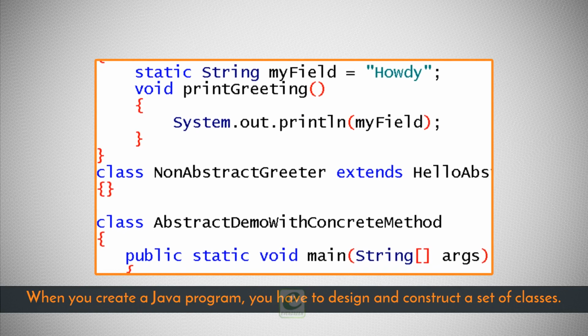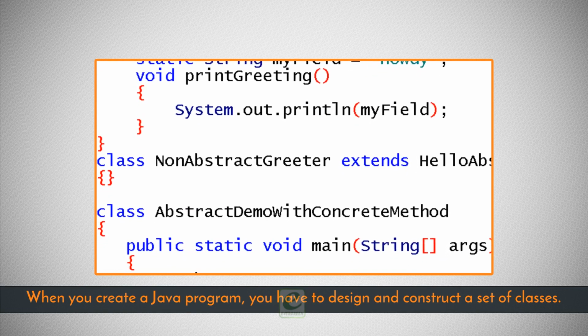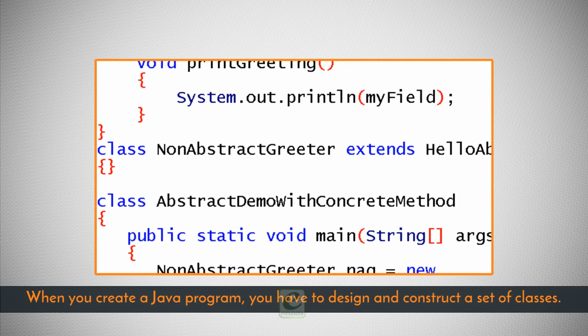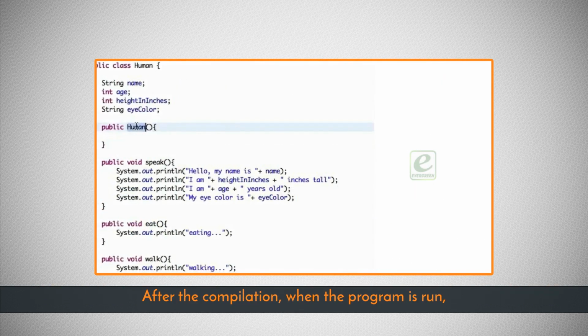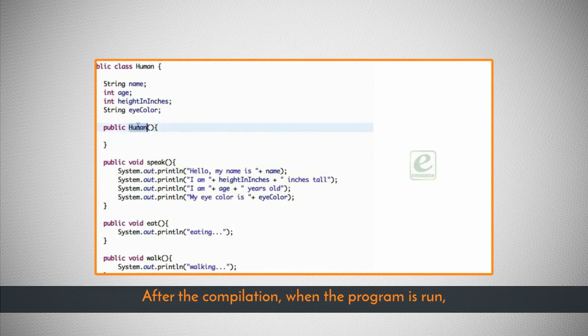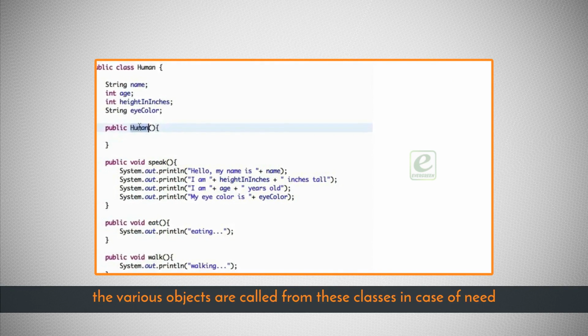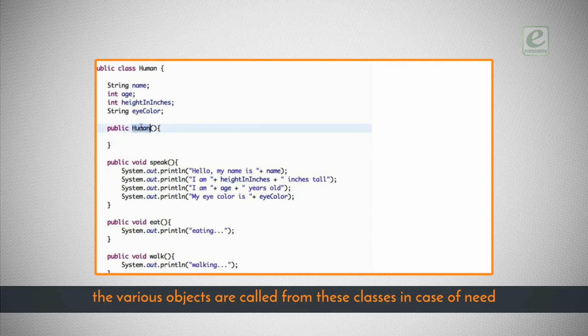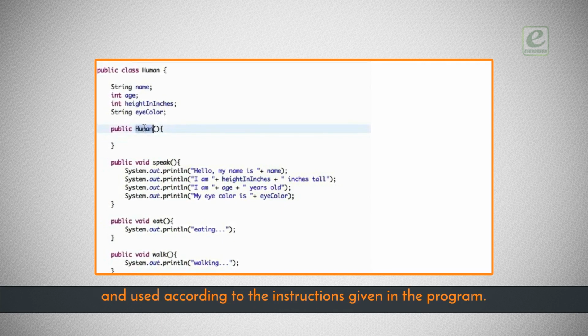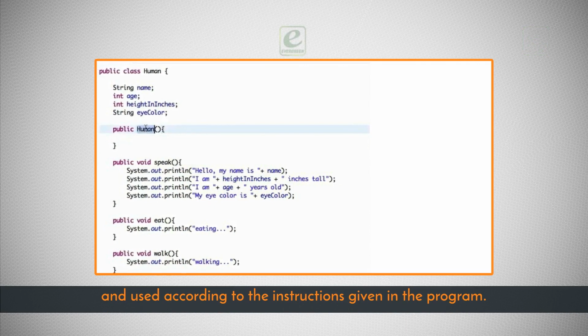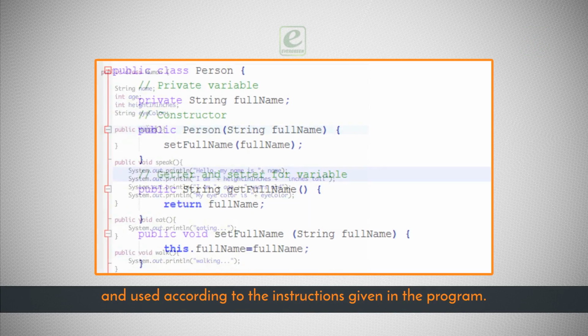When you create a Java program, you have to design and construct a set of classes. After the compilation, when the program is run, the various objects are called from these classes in case of need and used according to the instructions given in the program.